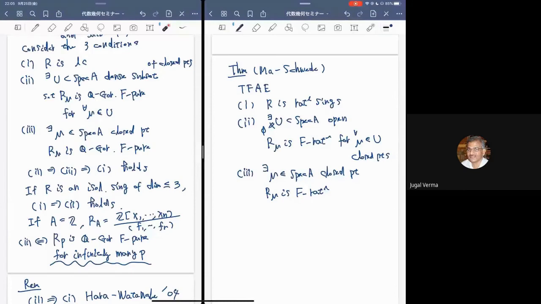Since there is a good correspondence between rational singularities and F-rational rings, can one say that in an F-rational ring, the product of tightly closed ideals is tightly closed? Maybe not, but maybe so.